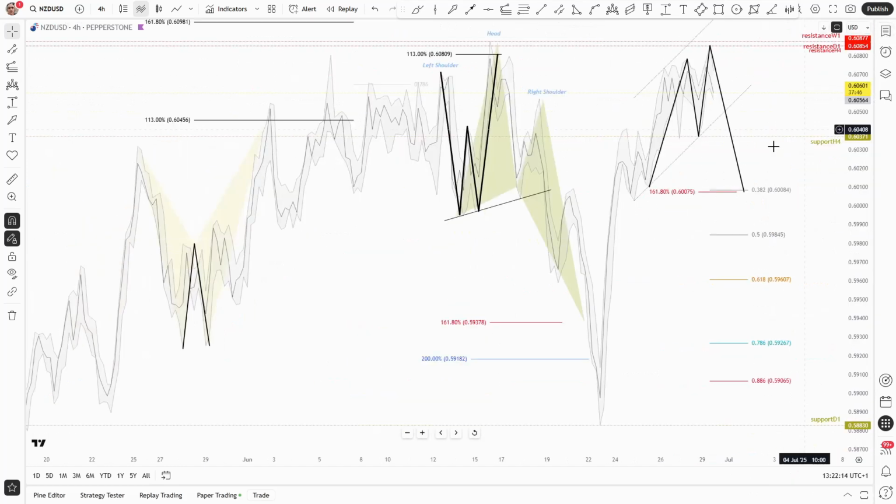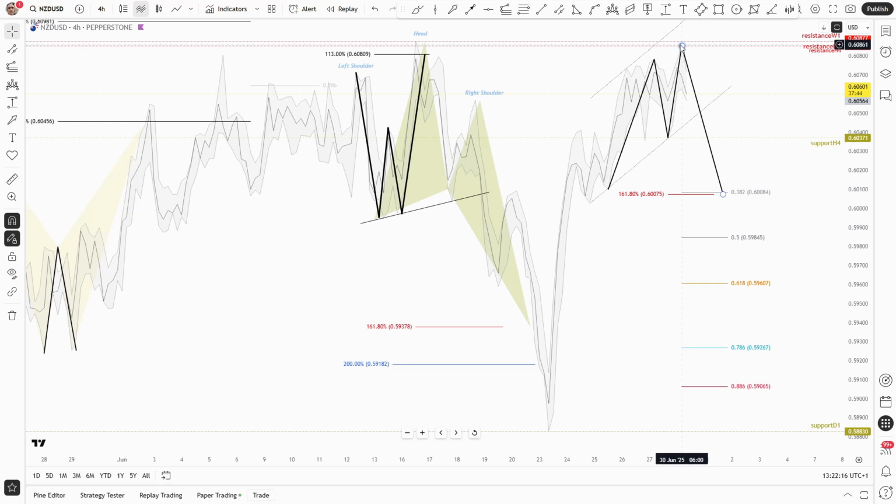The Kiwi also, after printing a new higher high, we have a new fractal resistance at 60.85. A new fractal resistance. As you can see, this may act as a false break of the previous highs, the previous resistance level at 60.78. We have a new higher high, and this may work as a false break of resistance.